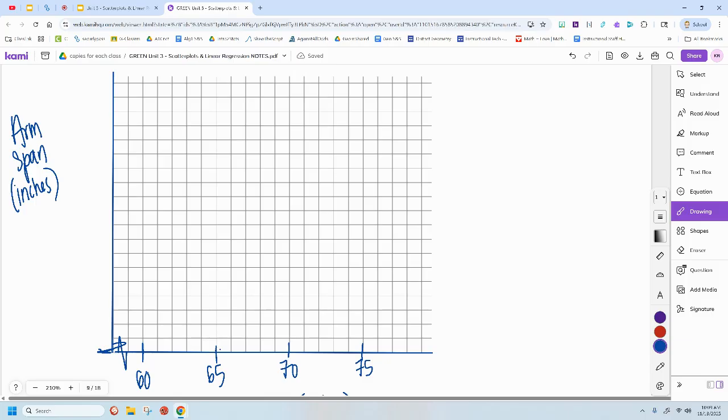But we have to get all the way from 57 to 84. I don't think we can count by ones, right? So we're going to count by twos. All right. So if I need 57, I'm going to say that this is 58, which makes this one 60. So I'm going up 3 boxes to put 60.